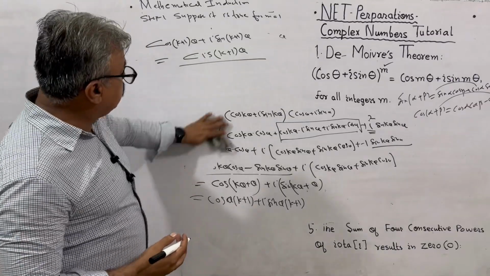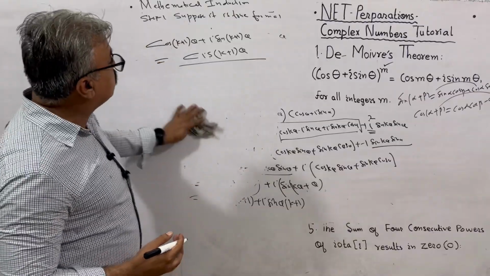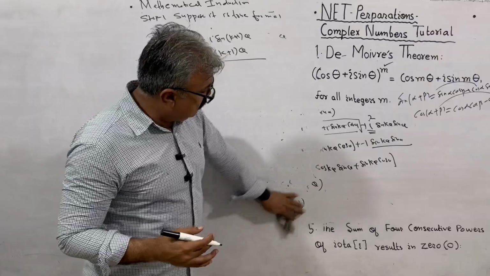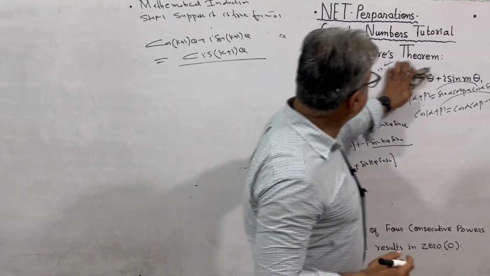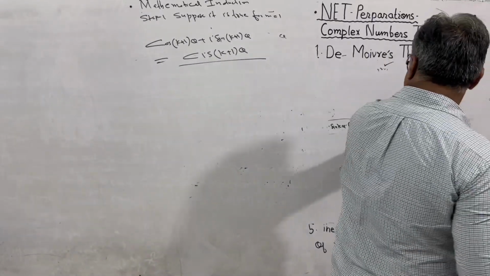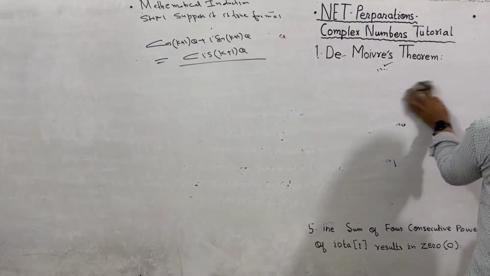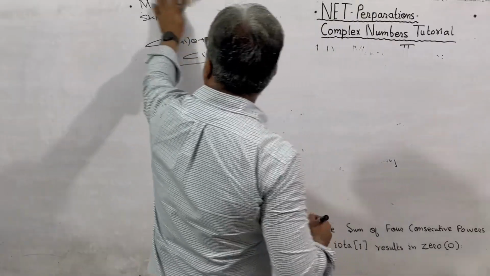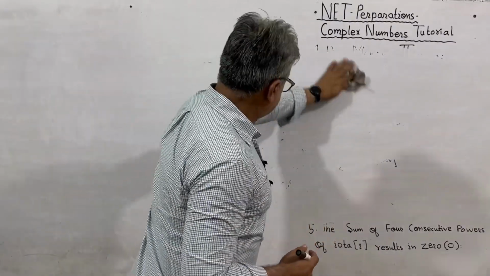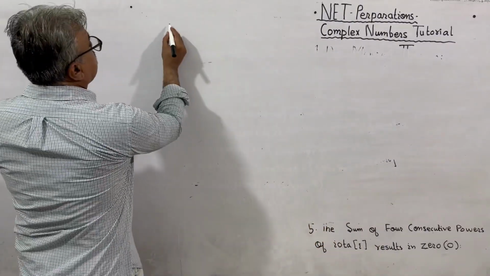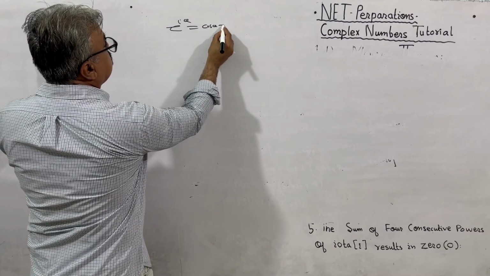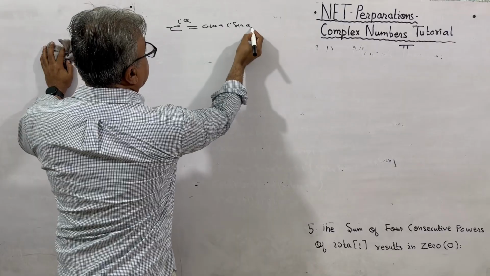If you utilize Euler's identity, e raised to iota theta is equal to cos theta plus iota sin theta, then everything will become wonderful and simple. Let's see how. That is e power iota theta is equal to cos theta plus iota sin theta.